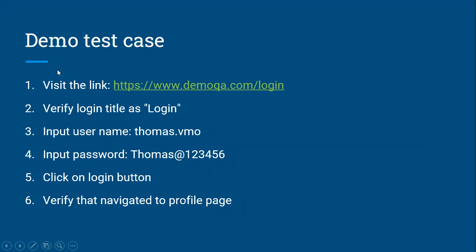The first step, this is a very basic test case. It's just some steps like visit the link, verify the title, input the username, input the password, and then click on the login button. And then after that, you verify that it navigates to the profile page.